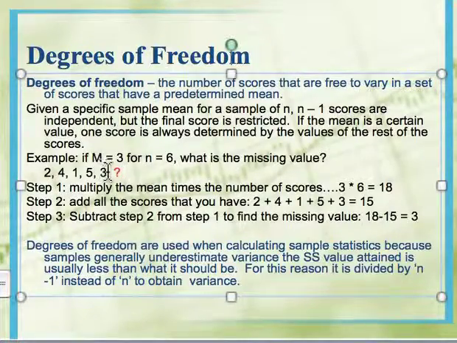In this case, the 4 and the 2 average out to 3, the 5 and the 1 average out to 3. So in order for this and its pair to average out to 3, it's got to be a 3. There's nothing else I can do about it. It can't be any other value. It's not free to vary.